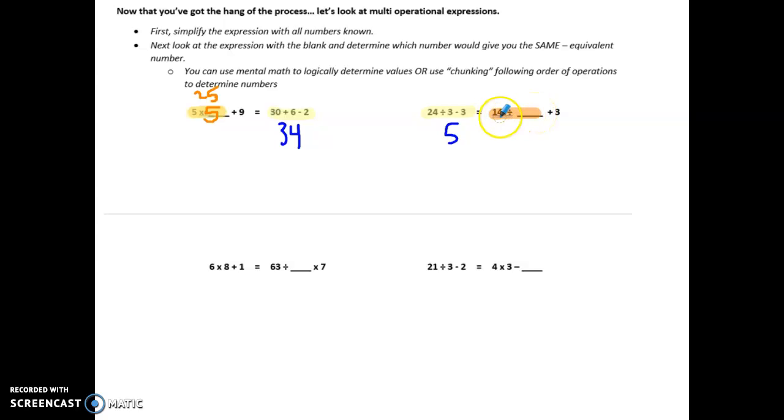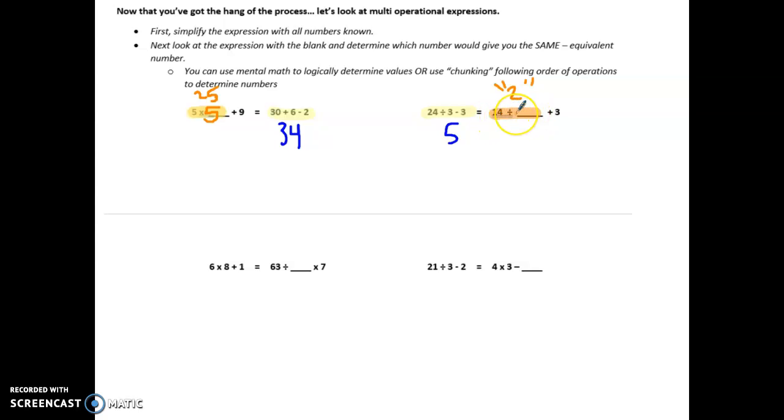So if I just keep it basic, 5 is equal to what plus 3? Hopefully with smaller numbers, you're able to say, hey, I know 2 plus 3 gives me 5. So this orange section right here needs to be the answer of 2, right? I'm looking for a 2 when I compute the orange section.